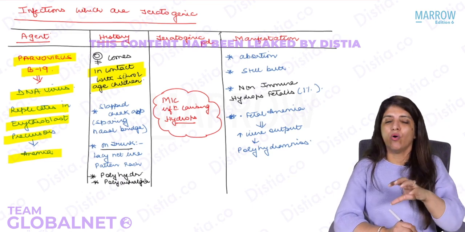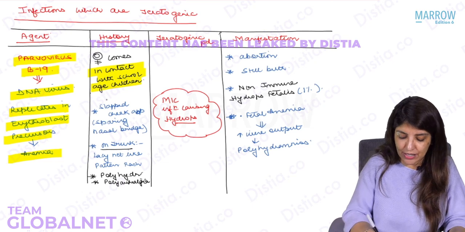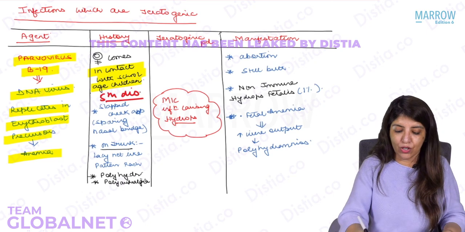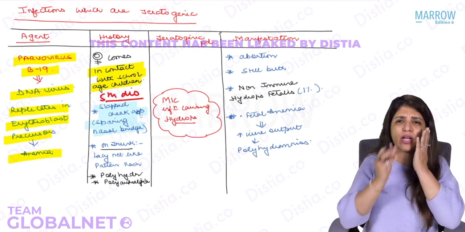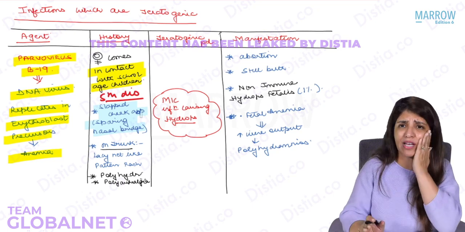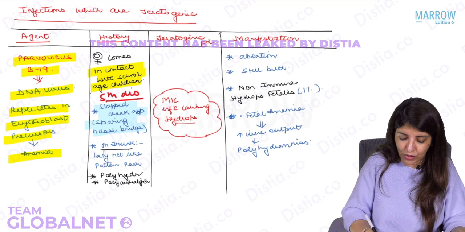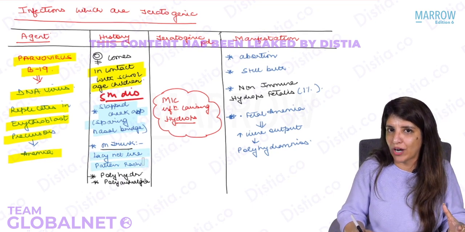In parvovirus, you are getting history of coming in contact with school-going children. Right? Now, all of you know about parvovirus B19 infection. It is called the 5th disease. It is generally seen in school-going children, and you get a slapped cheek appearance. So the entire cheeks are very red as if a slap has been given. The nose is spared. Then on the trunk, you get a lacy net-like pattern of rash.